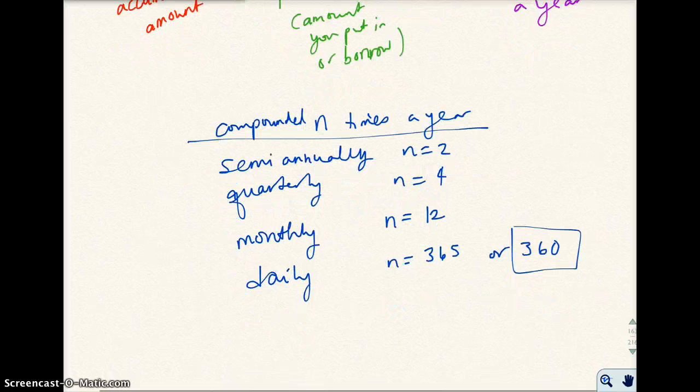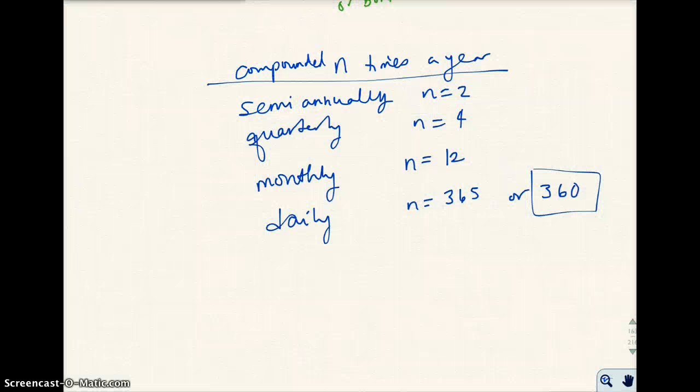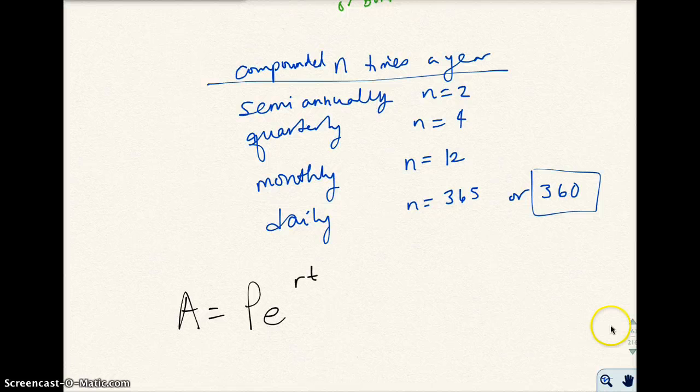Okay. Now there's something called compounding continuously. That means it compounds every trillionth of a second, so constantly compounding. And that formula is going to be A equals P e to the rt. Again, P stands for principal still. e is that value we talked about before. It's in your calculator. You can store that in your calculator. r is still your interest rate as a percentage, or interest rate percentage as a decimal, and t the time in years.